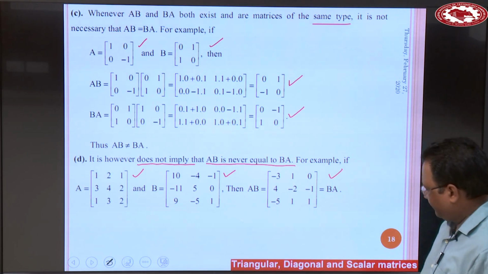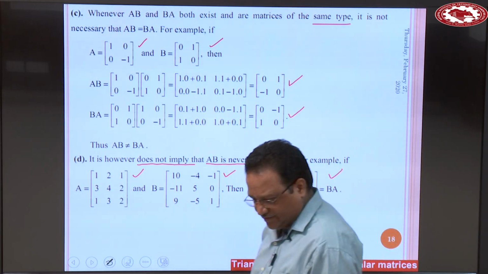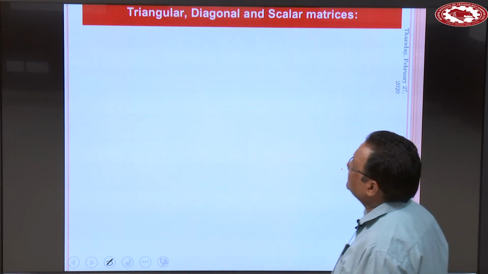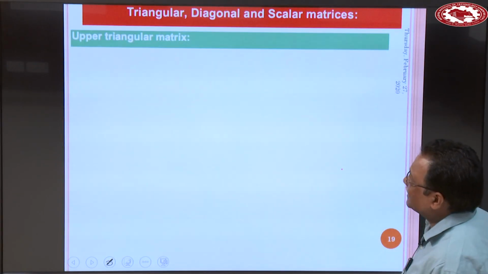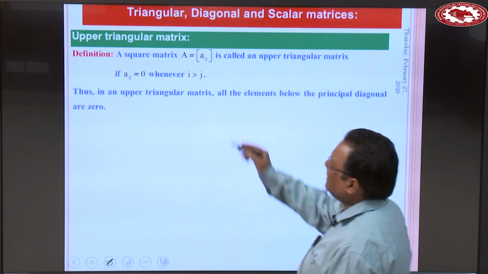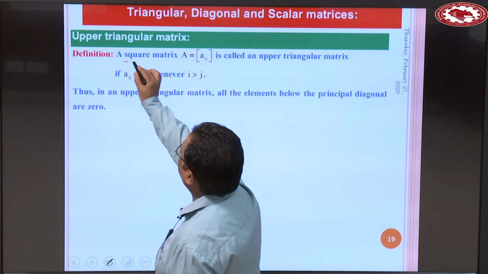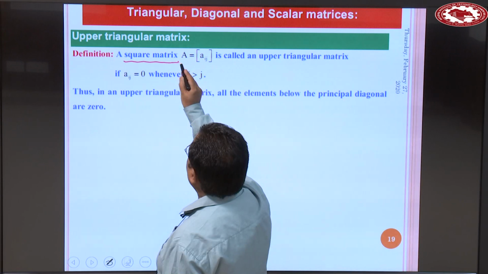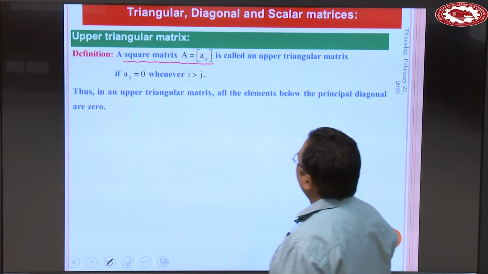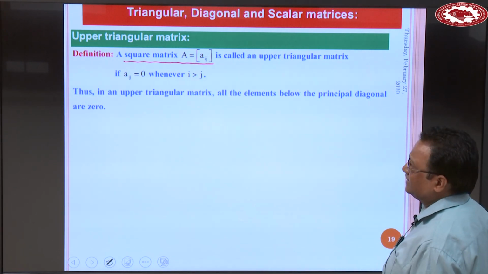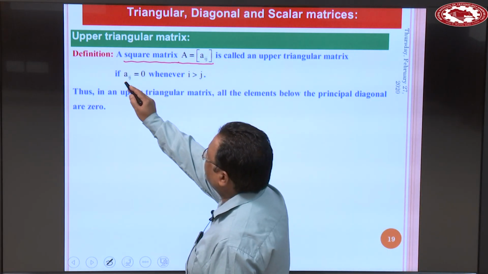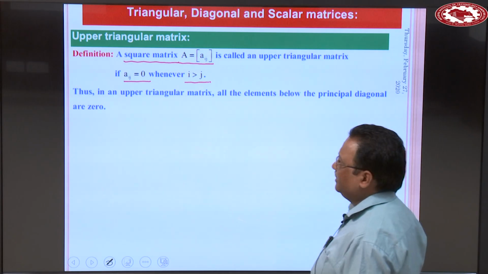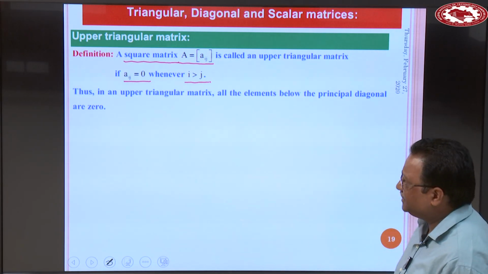Now, a few more definitions of special types of matrices. First, what is an upper triangular matrix? A square matrix A equal to [aij] is called an upper triangular matrix if aij is equal to 0 whenever i is greater than j.